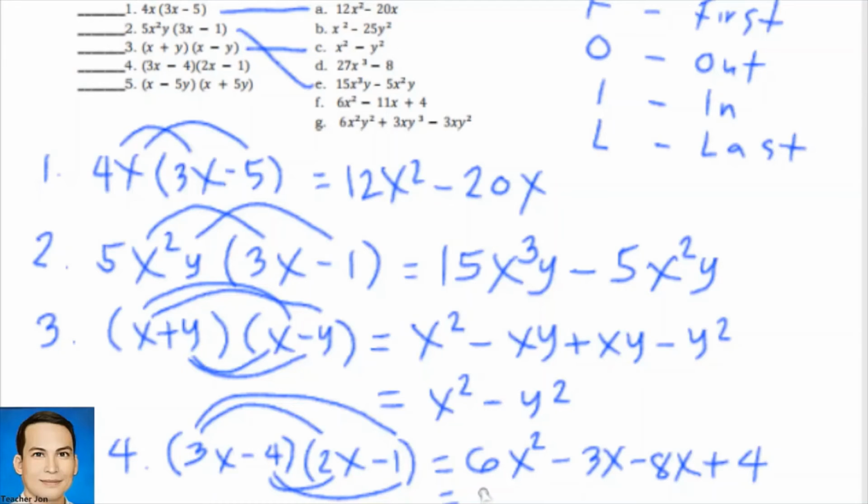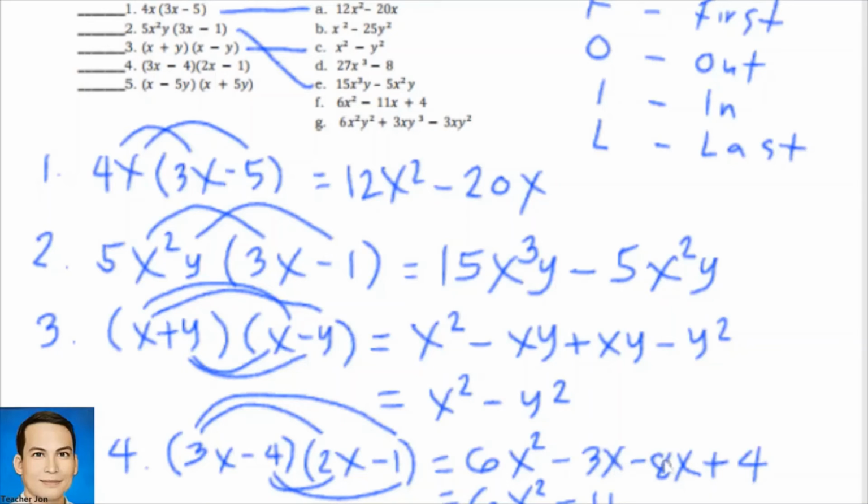Let's write here 6x squared. Then simplify these negative 3x and negative 8x. As you can see, we have here both negative, and that implies addition. So we add 3 by 8, and that is 11. Their common sign is negative, so we have negative 11.